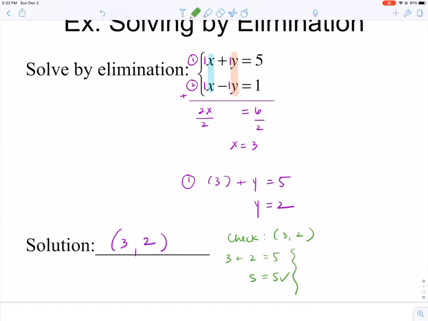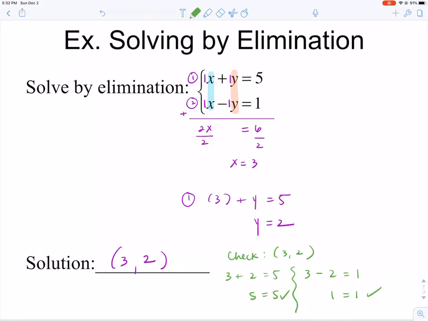So the first equation checks. And then we would have 3 minus 2 equals 1, and 1 equals 1, so that checks. So the ordered pair (3, 2) satisfies each equation, meaning it's a point that lies on each graph, and therefore must be the point of intersection, which means it's our solution to the system.